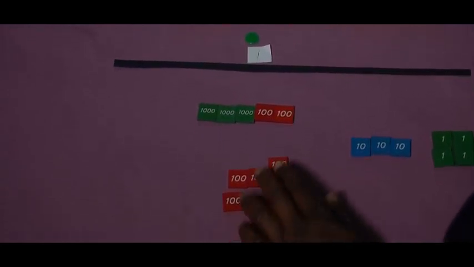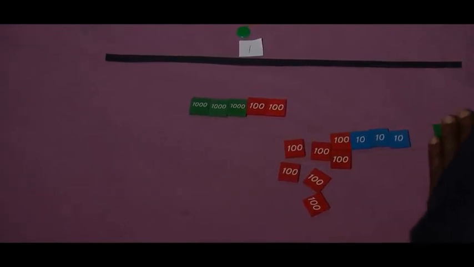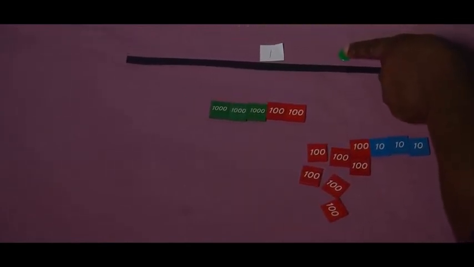I have 1, 2, 3, 4, 5, 6, 7 hundreds left here. I'll move my 700 now to the tens category. So I'll be considering 2 categories now. I'll move my memory marker to the tens category.